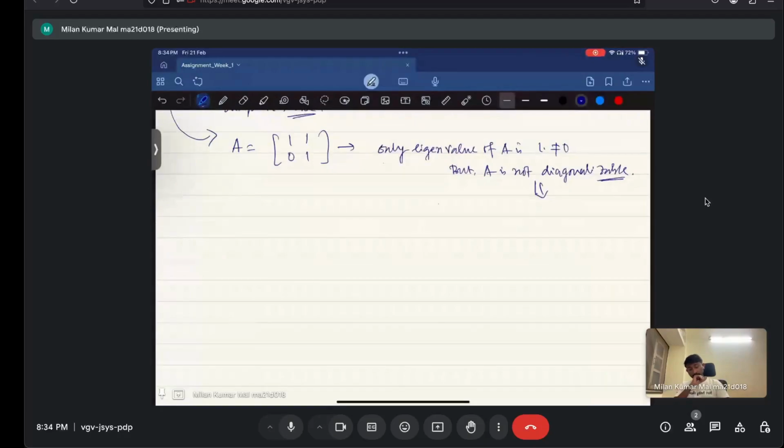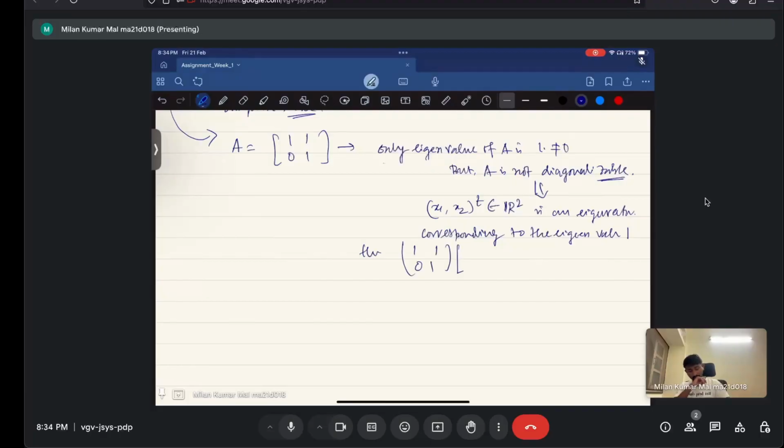Because let x1 x2 transpose, belonging to R 2, be an eigenvector corresponding to the eigenvalue 1. Then the matrix 1 1 0 1 applied to x1 x2 is supposed to be x1 x2. But what is the left hand side?